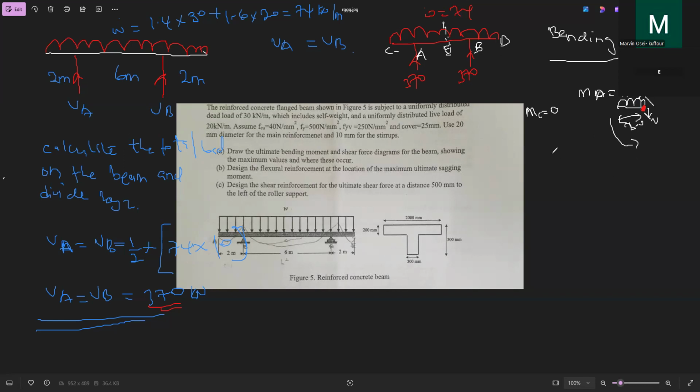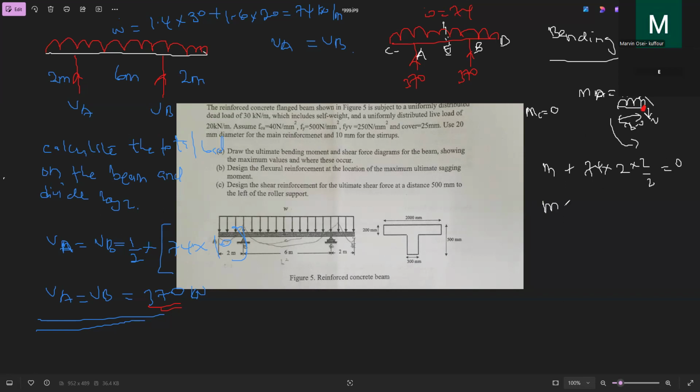So in that case, our M, which is anti-clockwise, plus the moment from the UDL, which is 74 times 2 times 2 over 2, and summation of everything should be equal to 0.